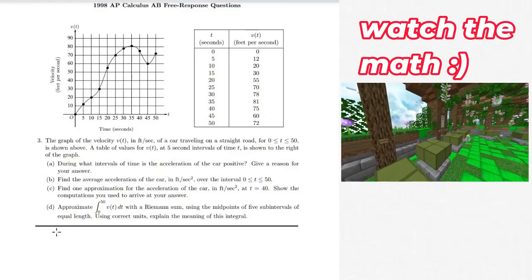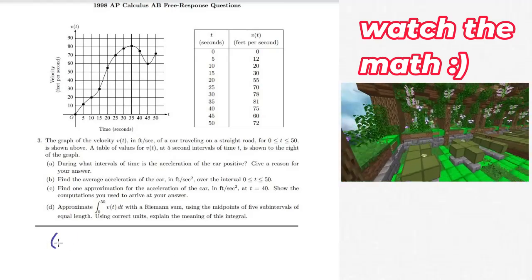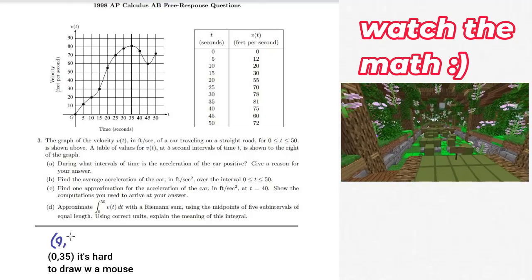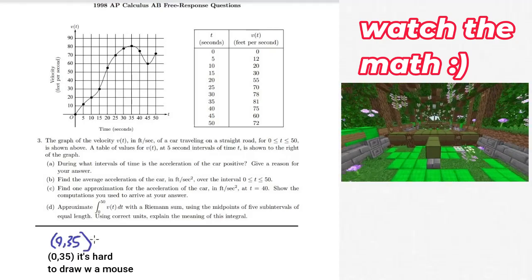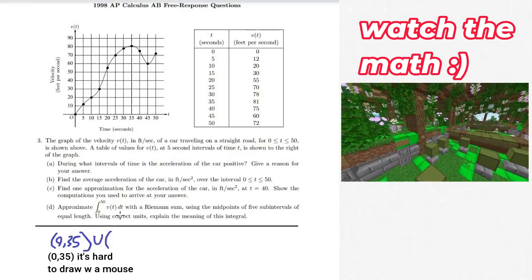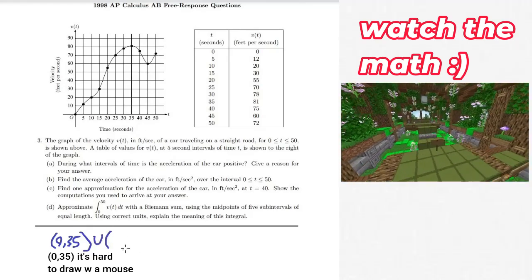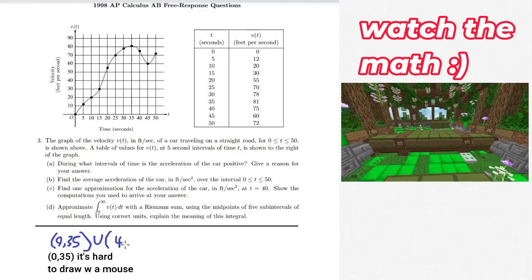So basically what we can say is from 0 to 35 as well as 45 to 50.